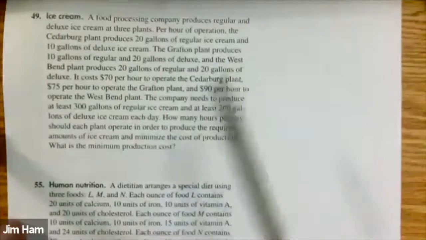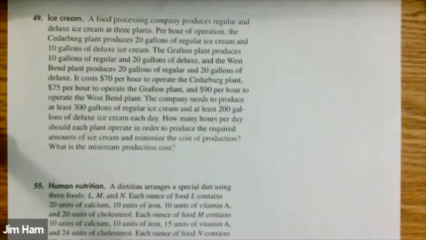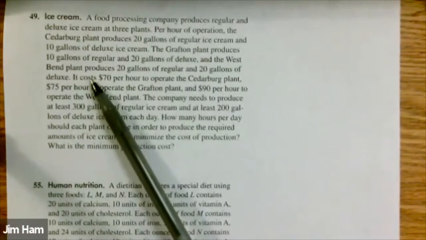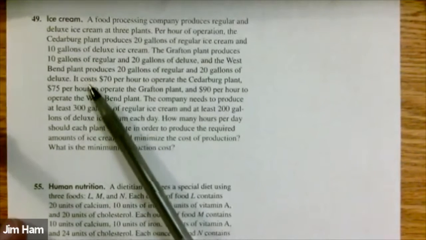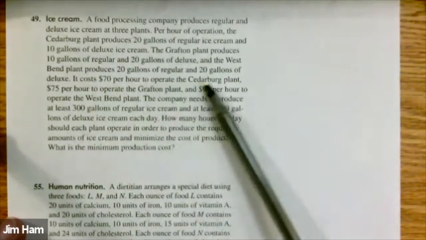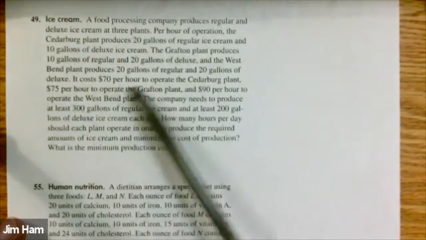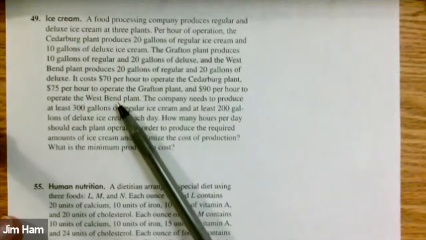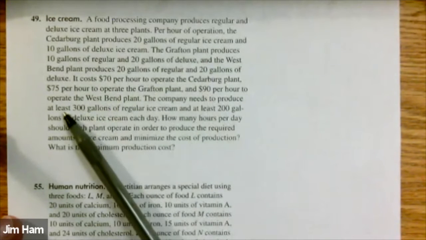And then it gives the West. So 3 different plants. And here comes the cost. This is probably what you're trying to minimize. The cost is 70 per hour in Cedarburg, 75 in Grafton, and 90 in West. The company needs to produce at least. At least is the phrase that we use for greater than or equal to.